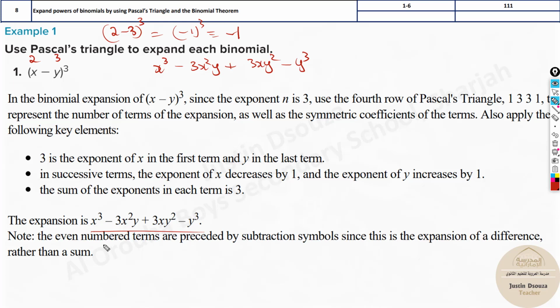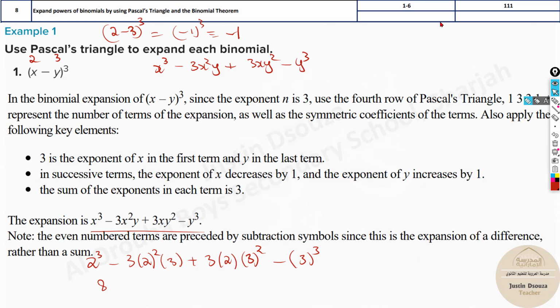Now here also substitute the same thing. 2 cube minus 3 into 2 square into 3 plus 3 times 2 into 3 the whole square minus, lastly we have 3 cube. You can just put this in the calculator because it'll save your time as well. But you need to do it for all the options.